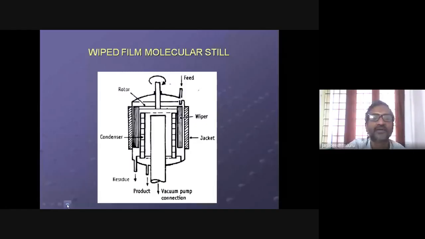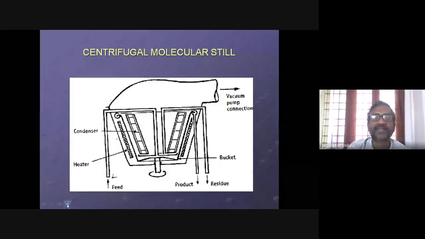Two equipments are present in the molecular still. That is the centrifugal molecular still. In the centrifugal molecular still, you have a centrifugal effect that makes your liquid move from bottom to up. Previously, in the wiped film molecular still, the feed was coming from top to bottom by gravity.